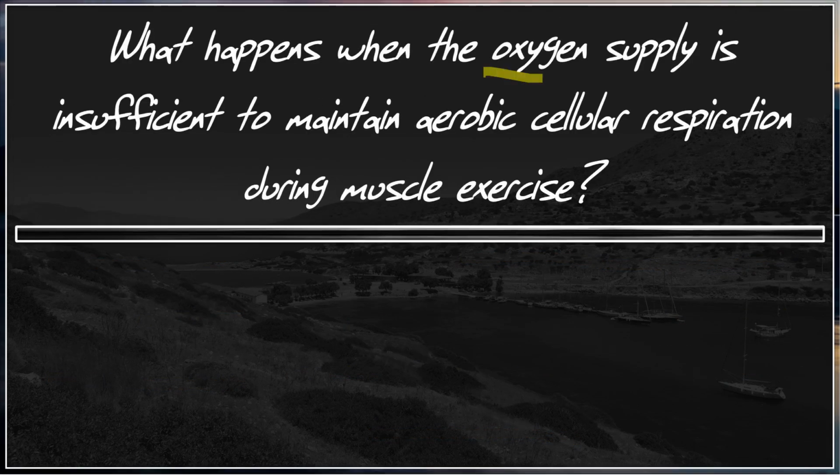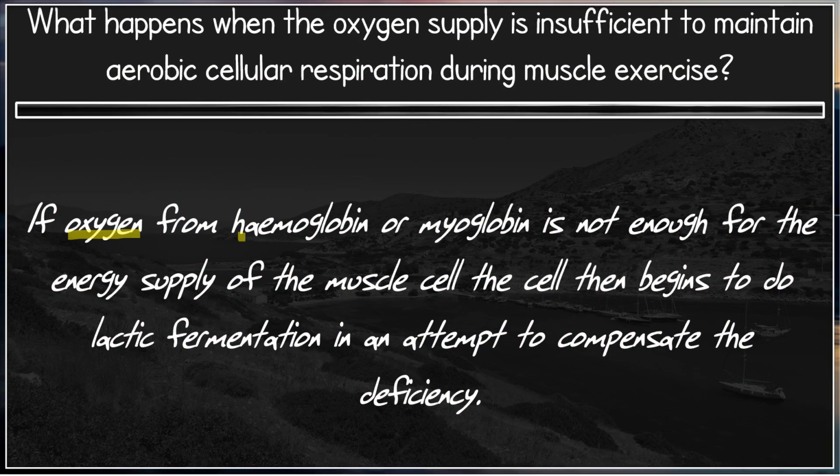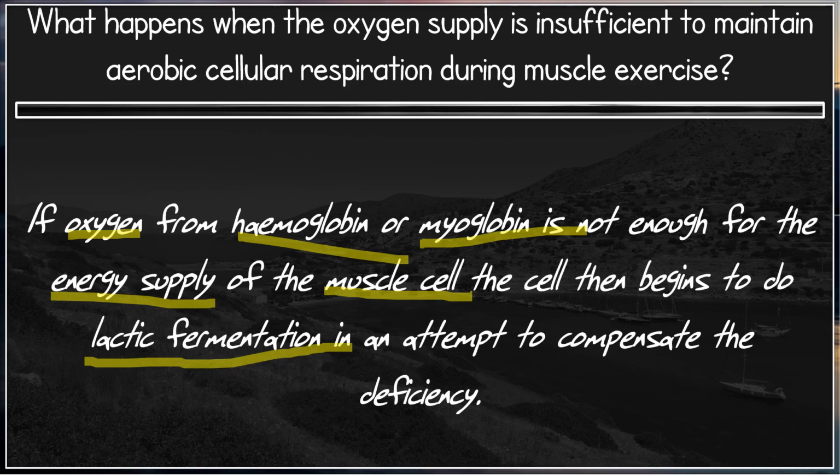What happens when the oxygen supply is insufficient to maintain aerobic respiration during muscle exercise? If oxygen from hemoglobin and myoglobin is not enough for the energy supply of the muscle cells, the cell begins to do lactic fermentation in an attempt to compensate for the deficiency.